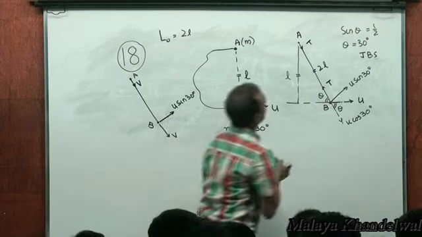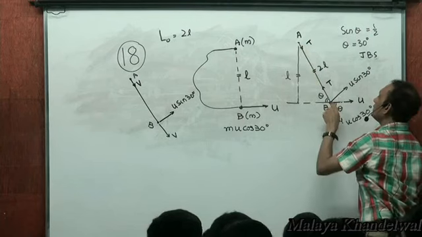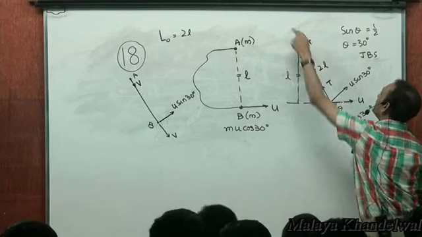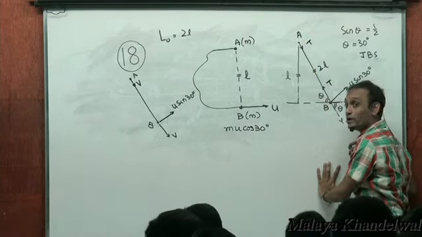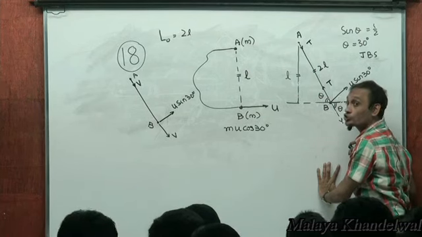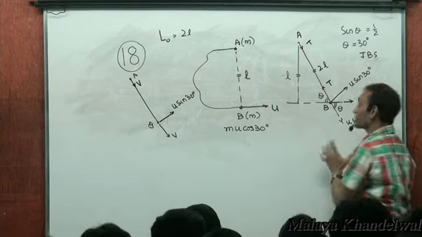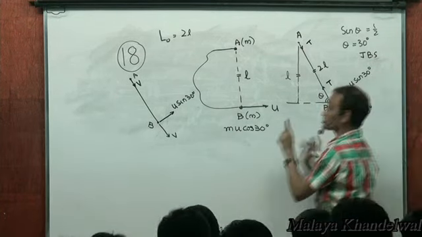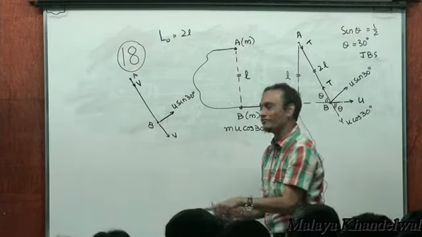If you look at this particle system, A and B along with the string, you don't find any external force along the length. Do you find any external force along the string length AB? That means the total linear momentum along the string length must be constant. Just before completely straightening, they had a linear momentum m u cos 30 degrees. Right after it straightened, mV plus mV, that makes it 2mV.